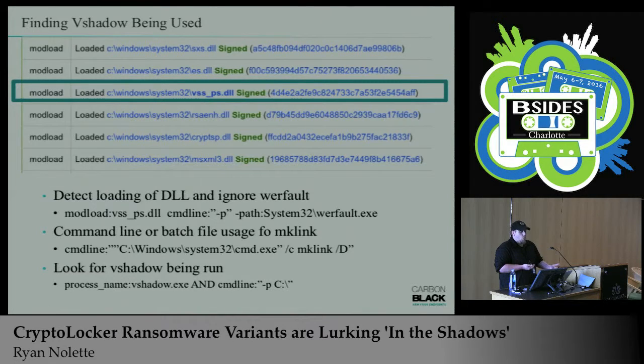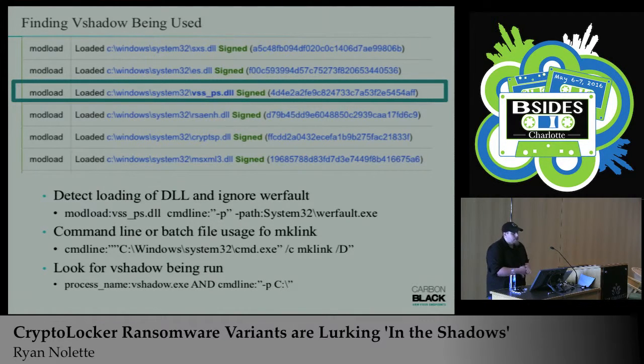Our scripts, mostly on Windows systems, are batch files, and batch files run under cmd.exe as the process. So it's almost like you're running directly from the command line, just in script form. So what I do here is look for the command line execution of the mklink command. Who here has actually seen mklink happen in a legitimate context? Hands? No? All right, well, you get the point.